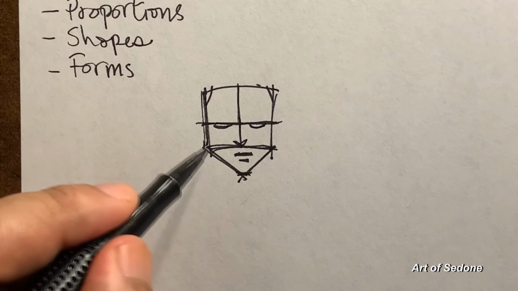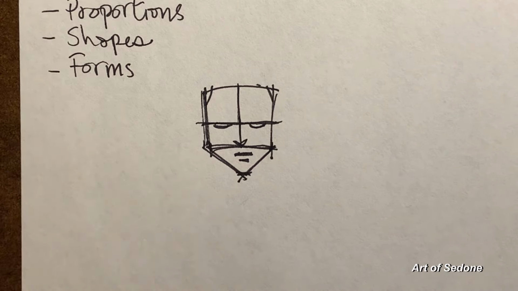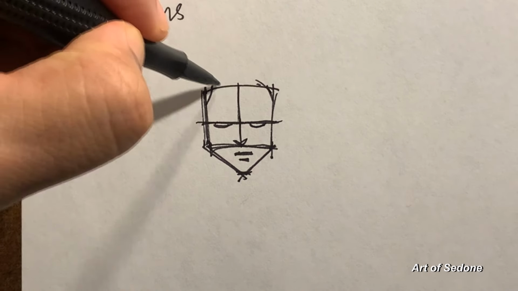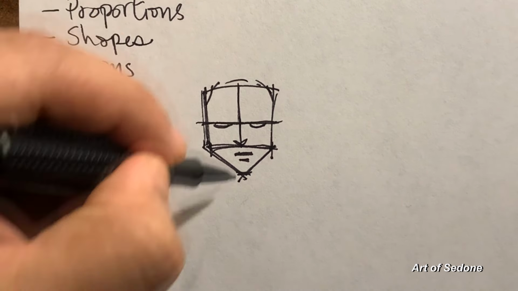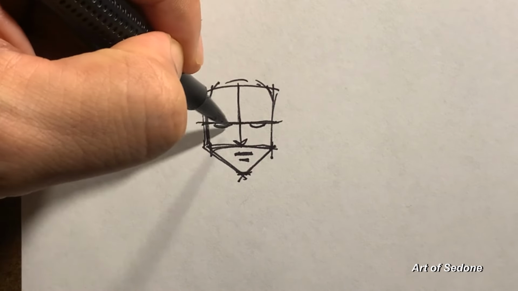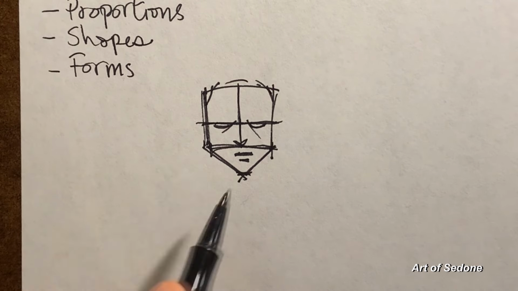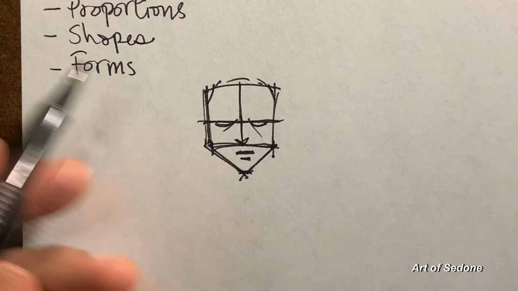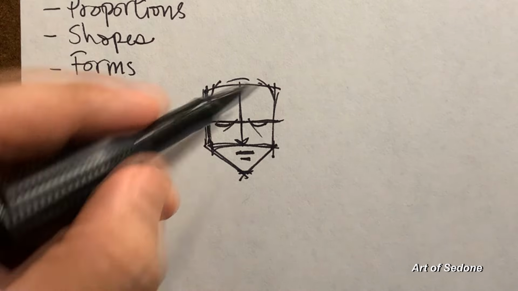This I call cartoony, or more like an animation kind of thing, because it's easier to animate and redraw. So there's not so much about the forms, it's more about the shapes.